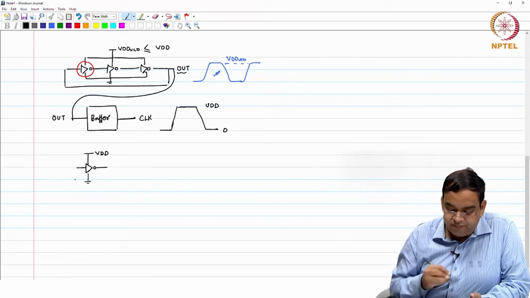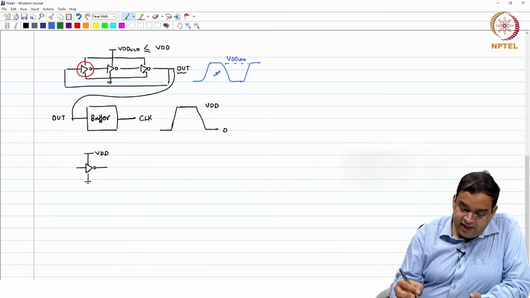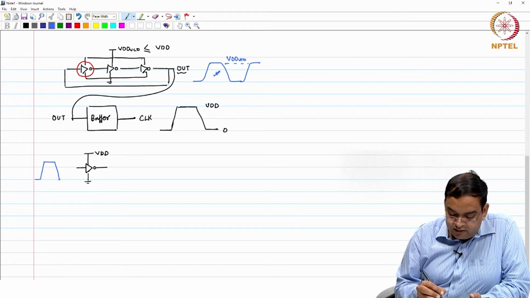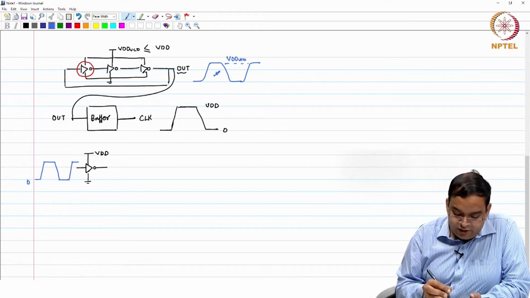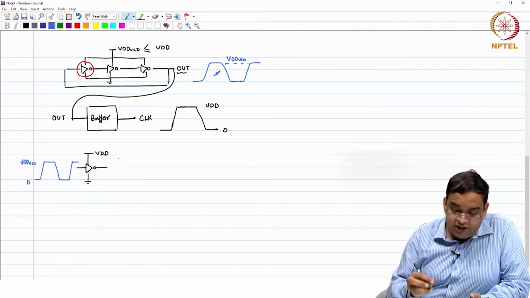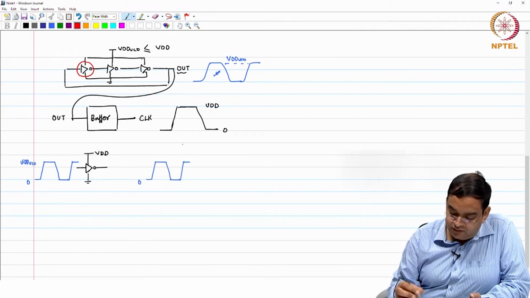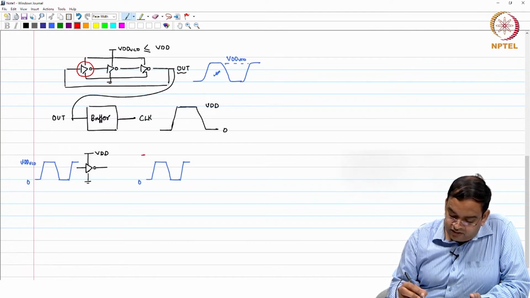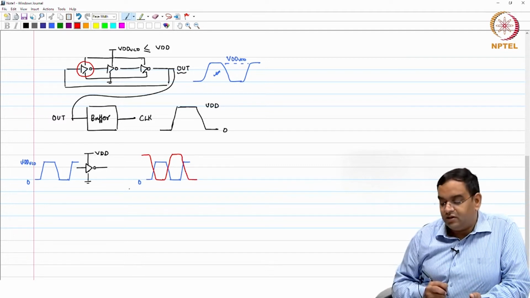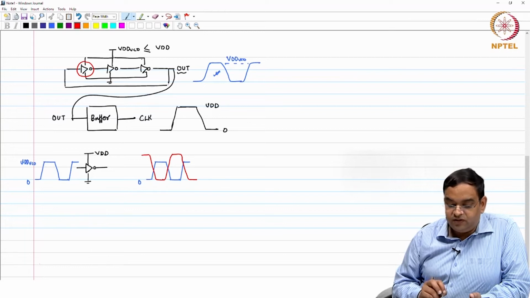So, if I give any signal here at the input, whether that signal is between 0 and VDD VCO or VDD, the output of this inverter is going to be full swing, because if you have a simple inverter, then what you will see is something like this. Right now, don't go over the crossing points, but this is what you will see at the output.